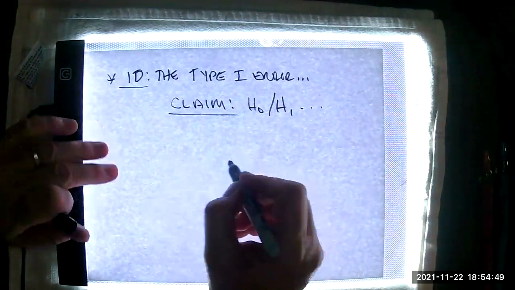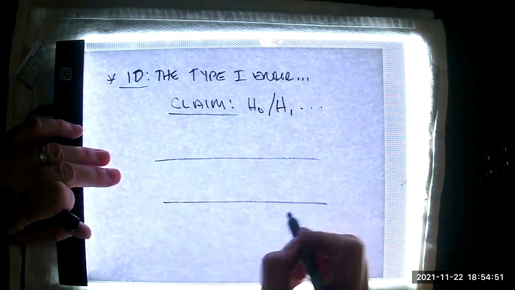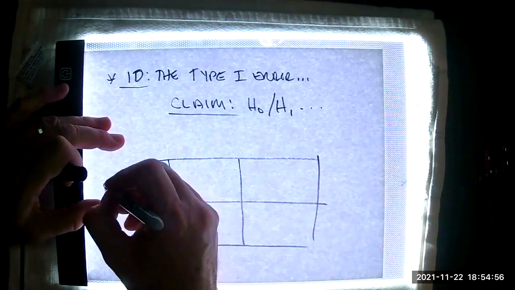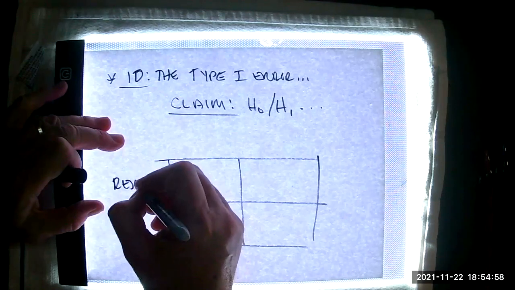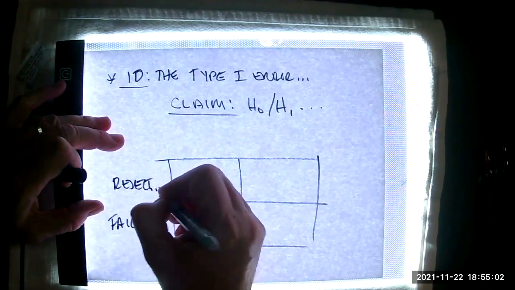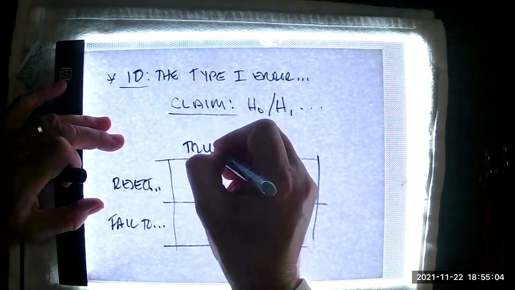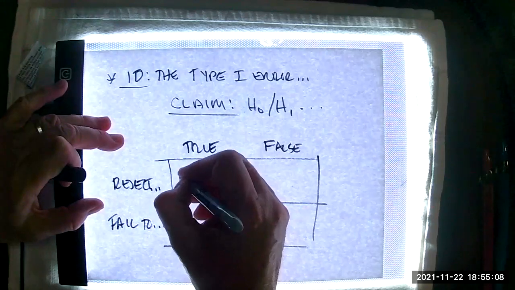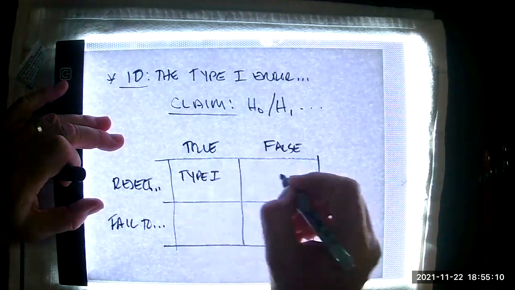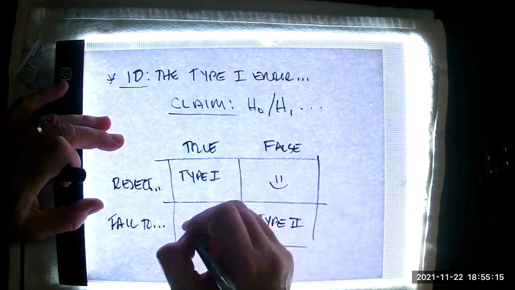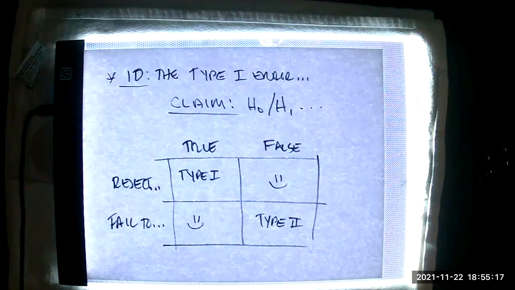And that was where we needed that decision matrix where we had the outcome reject and fail to reject the null hypothesis. Null hypothesis might be true or it might be false. This was the type 1 error, and this was the type 2 error. These guys here, the outcome was appropriate to reality, and the test was right.